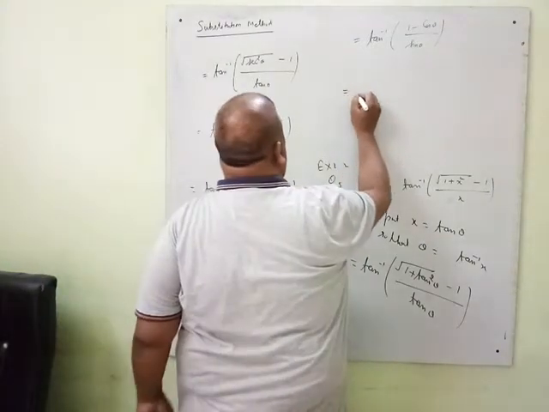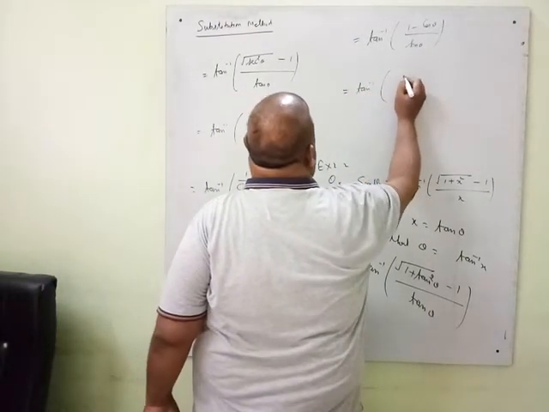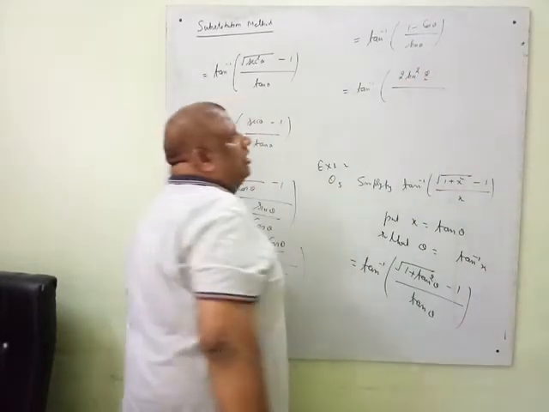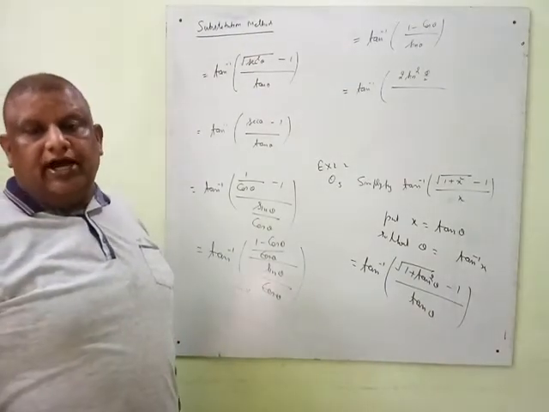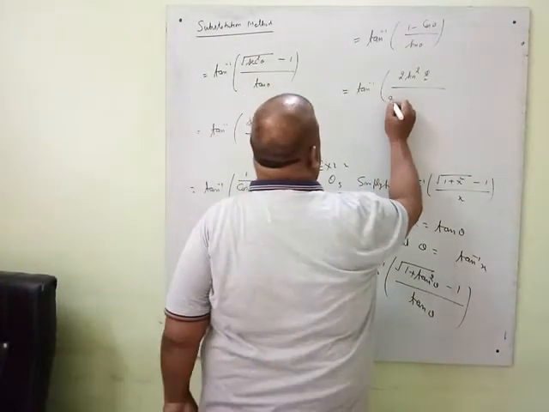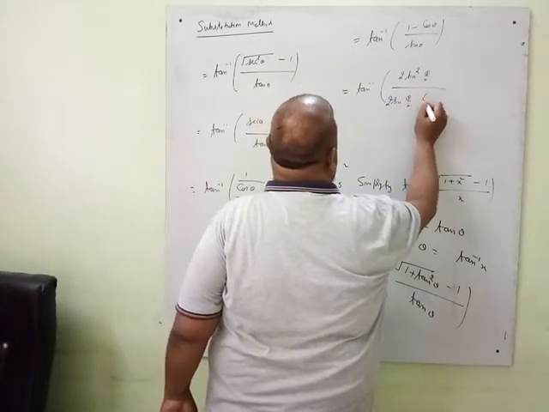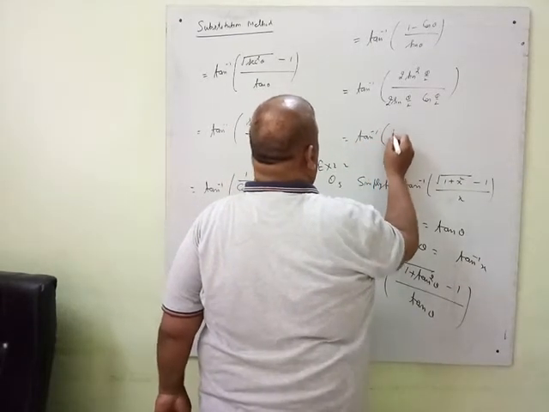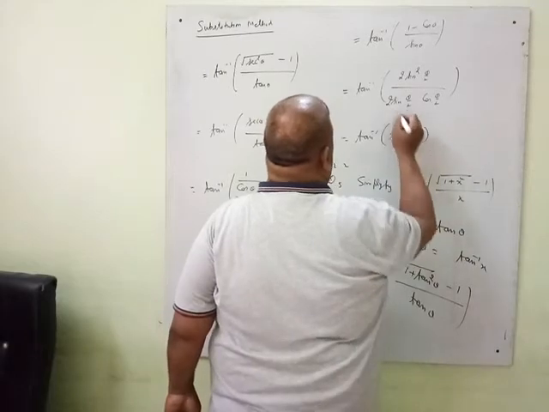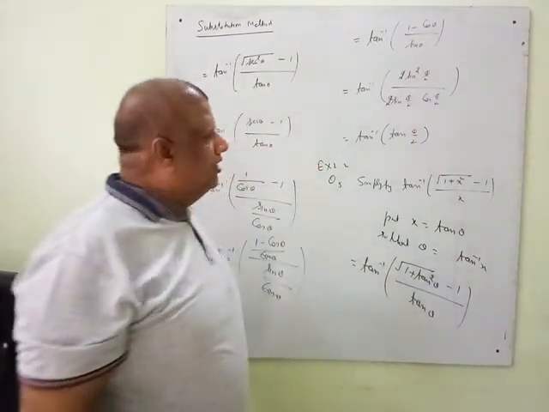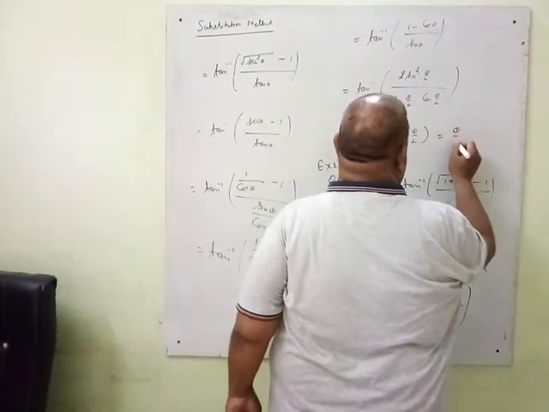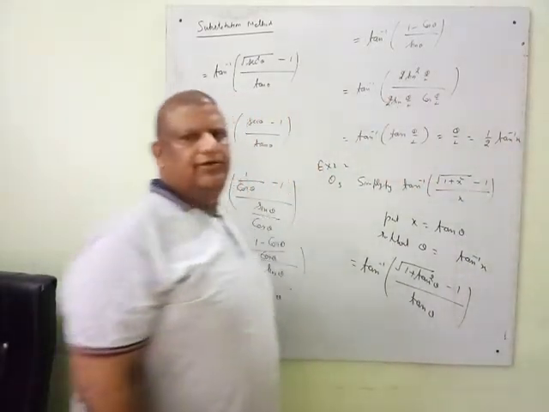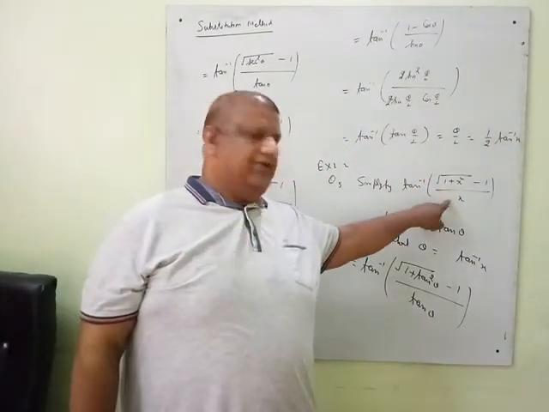Further, using the trigonometric formula, 1 minus cos theta is 2 sine square theta by 2, and for sine theta, consider this as sine 2A: 2 sine theta by 2 into cos theta by 2. Tan inverse, it is tan theta by 2. 2 cancels, 1 sine cancels. This is theta upon 2, which is 1 by 2 tan inverse x. So it is the simplified form of this.